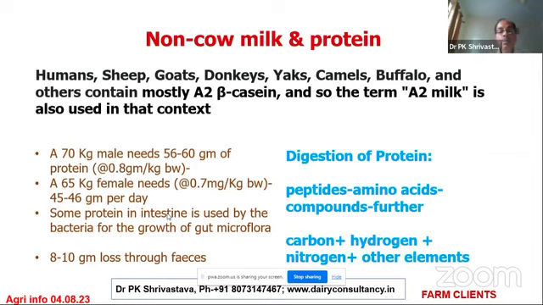Out of this, some of the protein is used by the microflora in the gut, in the intestine, to survive, and about 8 to 10 grams of this protein is lost through the feces. This is the use and this is the requirement. How is protein digested? It becomes peptides, then amino acids, then compounds, then further broken into carbon, hydrogen, nitrogen and other elements. This will be used to understand what is A1 and what is A2.